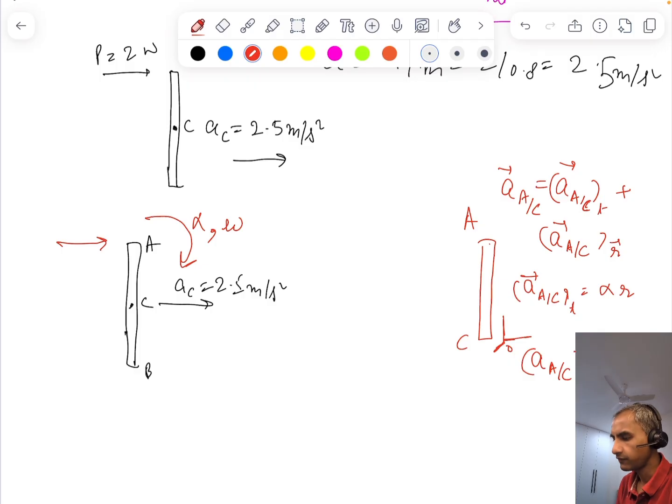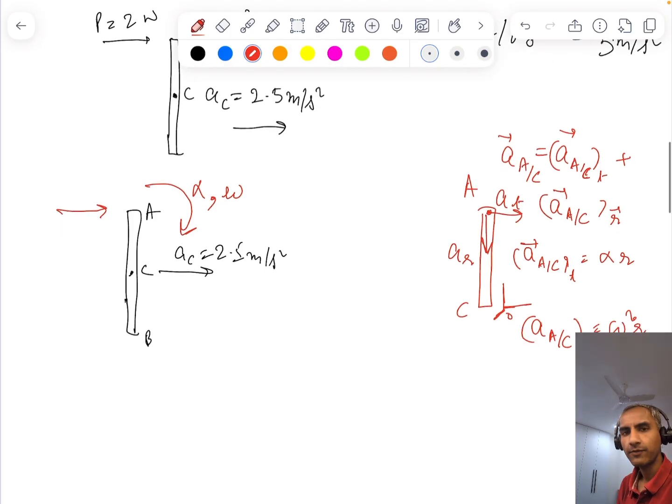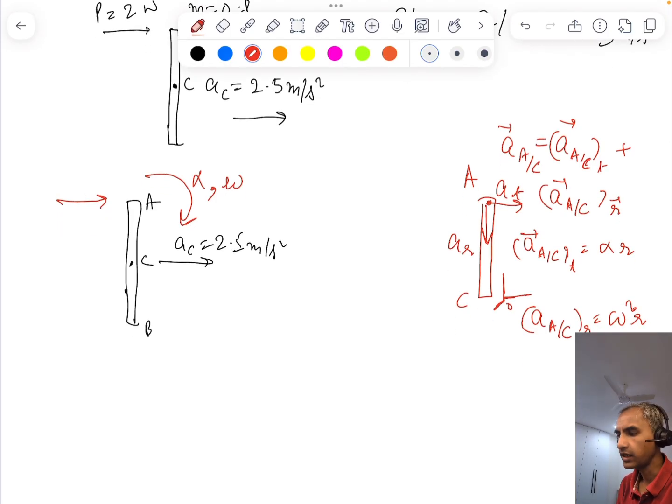So we have, this is AT and this is AR, where A is basically the acceleration of A with respect to C, right? So in order to get the absolute acceleration of A, what we do is we add this acceleration of A with respect to C to the acceleration of C, right?